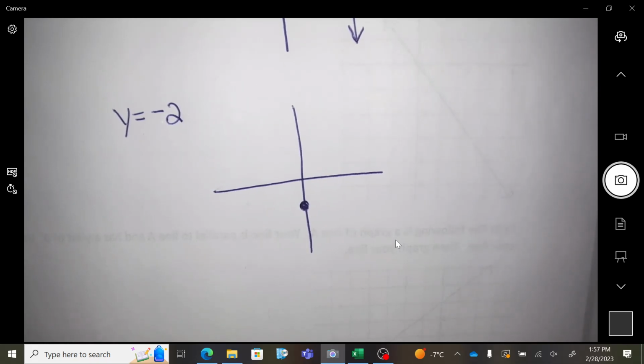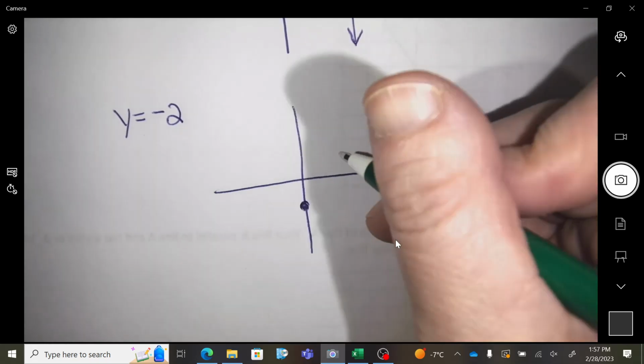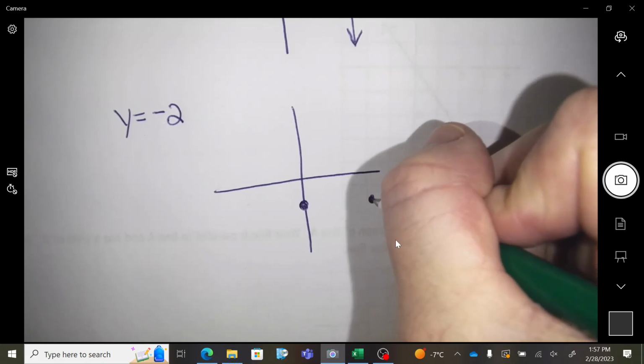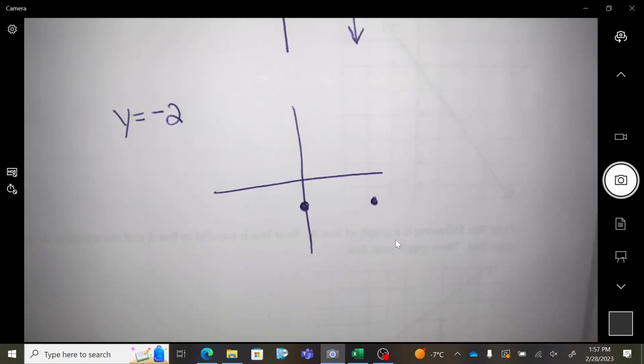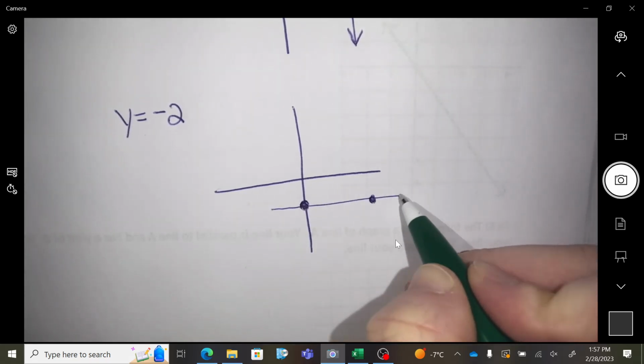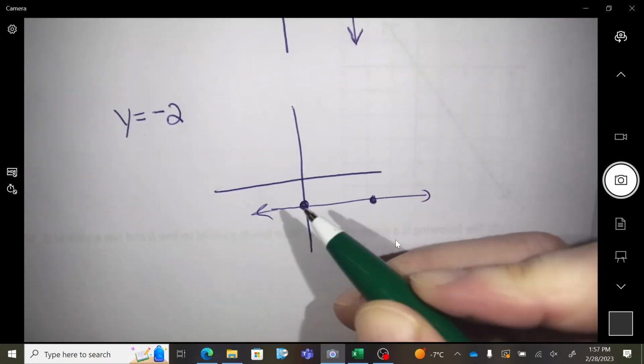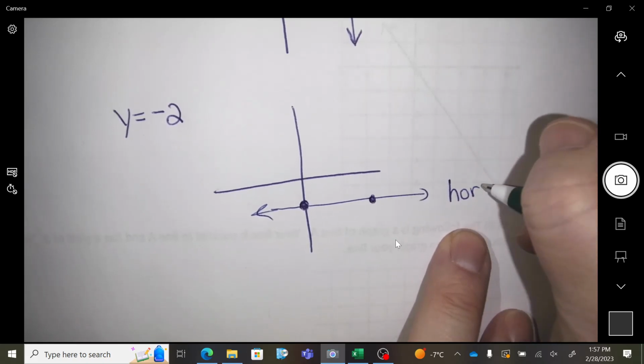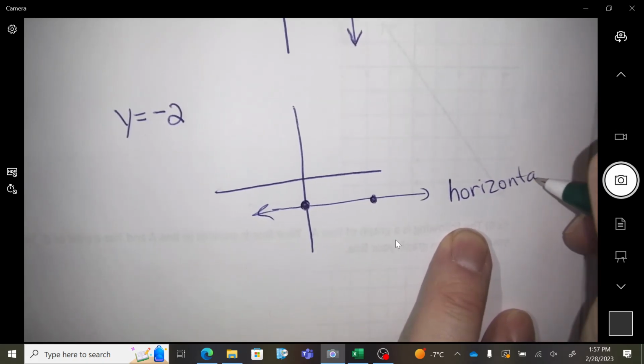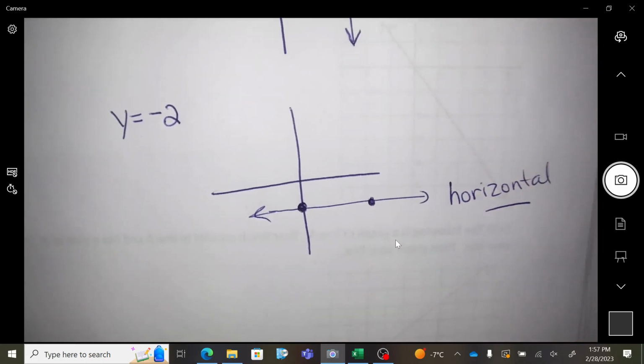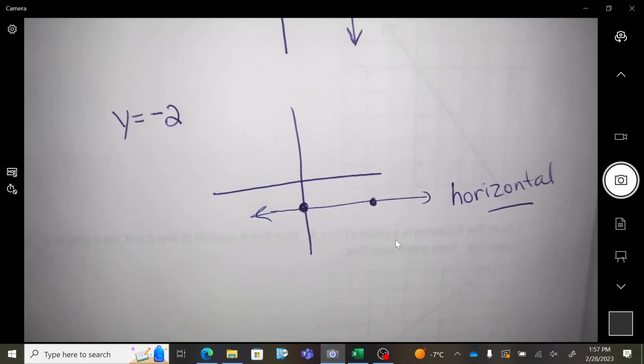Then pick a second coordinate anywhere with a y value of -2. And how would they connect? This one is called a horizontal. So those ones are the two special ones because they don't have y's and x's involved.